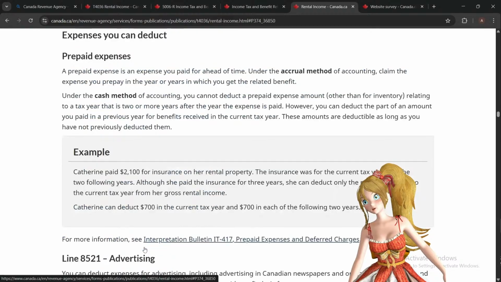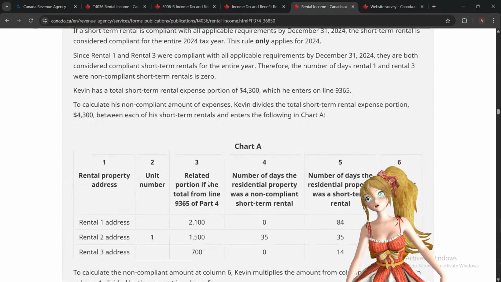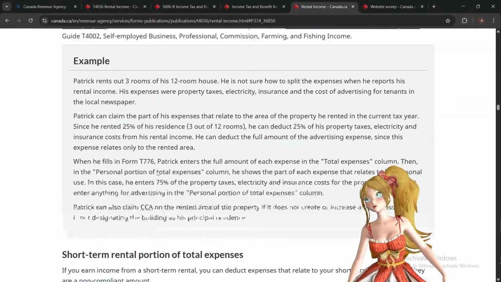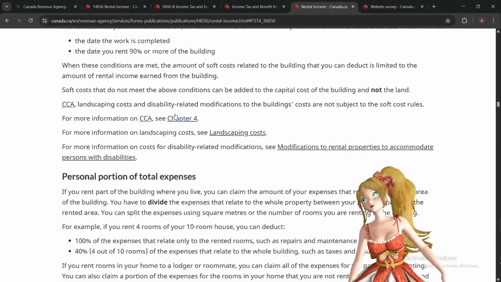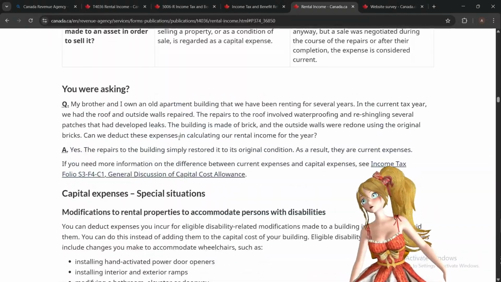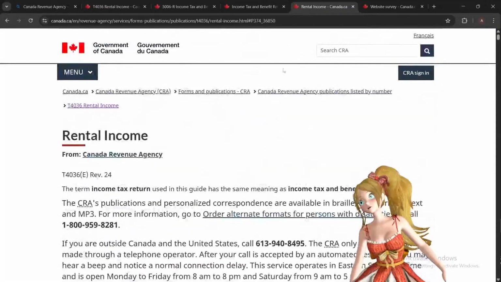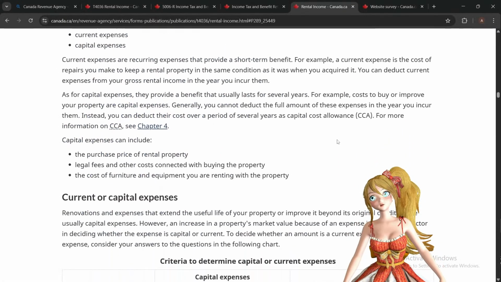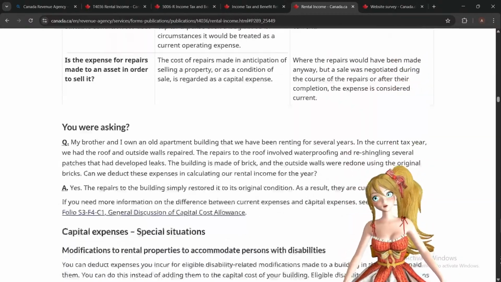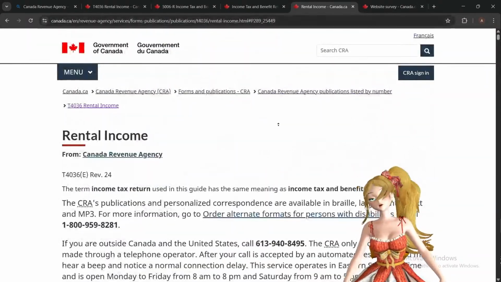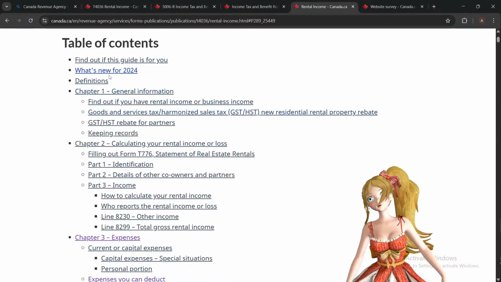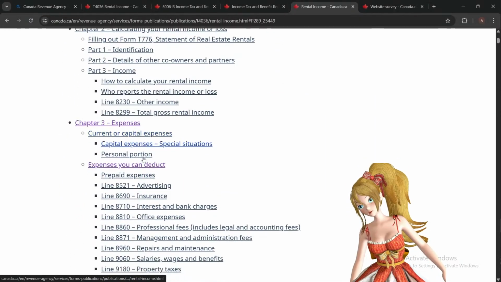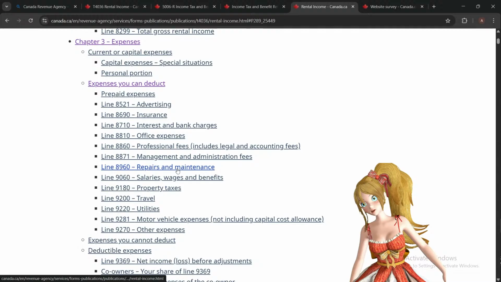Okay, expenses. Expenses you can deduct. No. Expenses. Hold up, let me go back to under expenses. Oops. Do I have to reverse engineer this? Where was the spot?